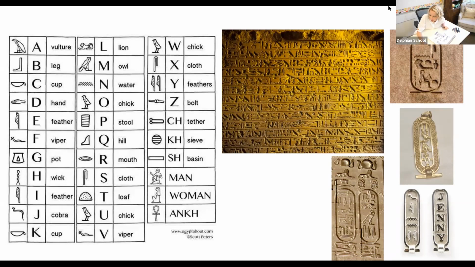Let's see. What about numbers? That's a good question. Well, there's a lot more hieroglyphs out there. This is not all of them. And this is not a complete alphabet of them, but I wanted to pick something kind of simple that we could do today.